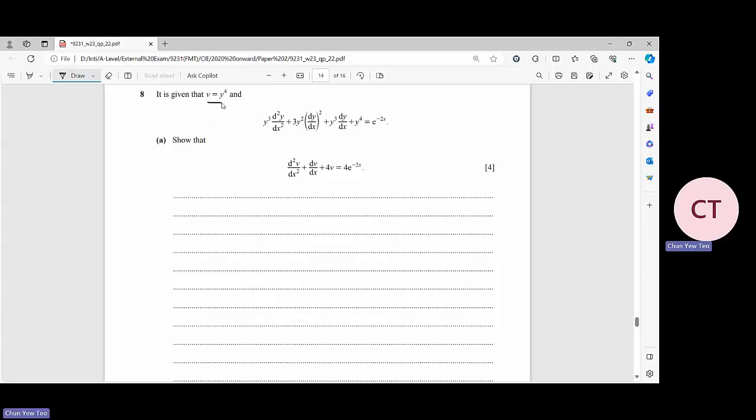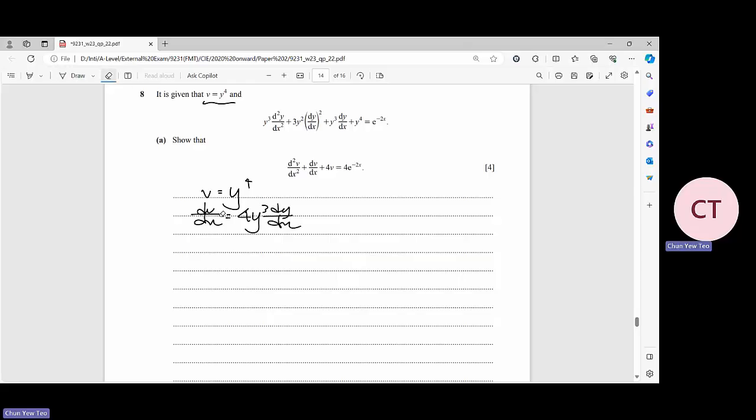Given that v equals y power 4 and the second order differential equation looks like this, show that this can become this. So how are we going to show it? This is the substitution. What you need to do is just implicit differentiation. dv dx will give you 4y cubed dy dx.